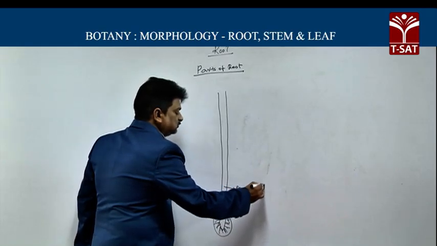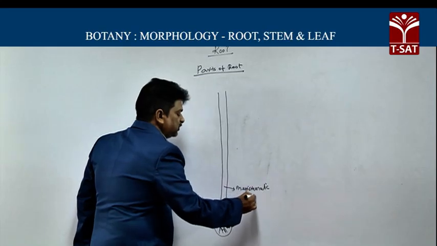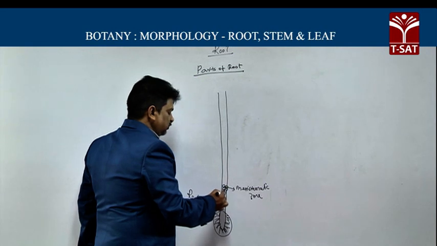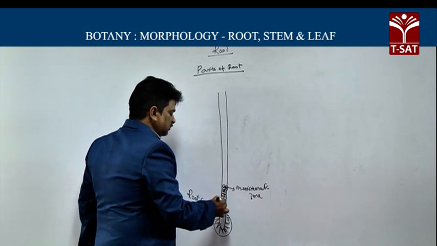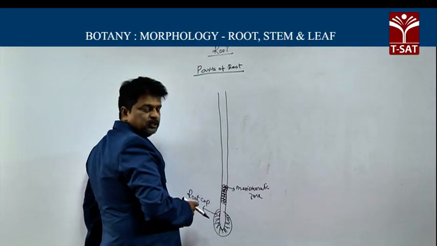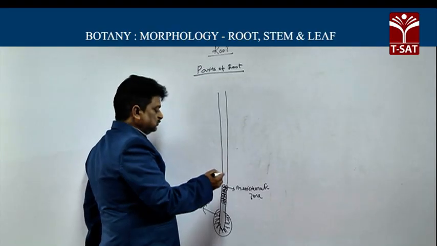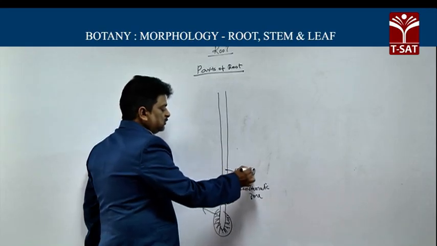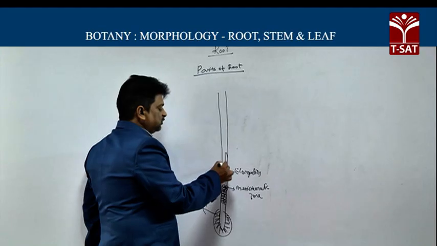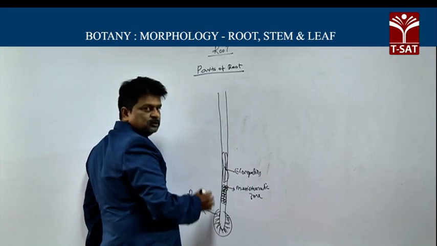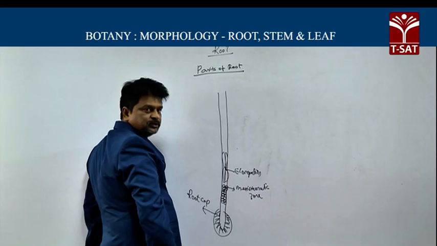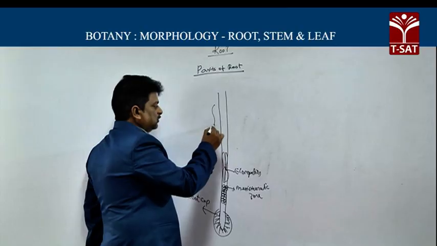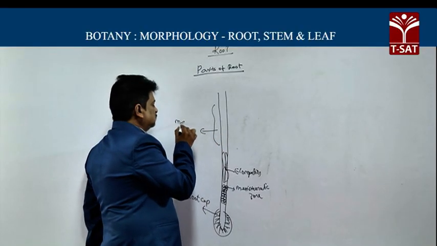Above the root cap is called the meristematic zone. Here all young cells called meristems are present, and they undergo division. Above the meristematic zone is called the elongation zone. Here cell elongation takes place, so the length of the root is increased. Above the elongation zone is called the maturation zone.